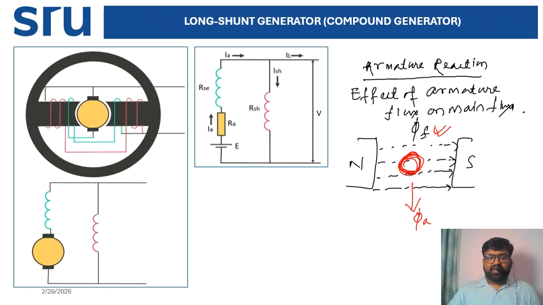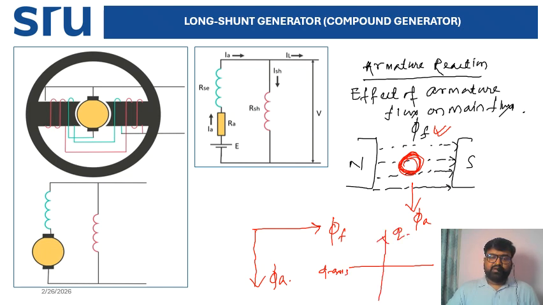If I draw the phasor, the field flux direction is this one, and the armature flux direction is in quadrature to it. Its effect on the field flux is what we call armature reaction. We know that there are two axes. One is the polar axis, or D axis, and the other is the Q axis, the geometrical neutral axis.